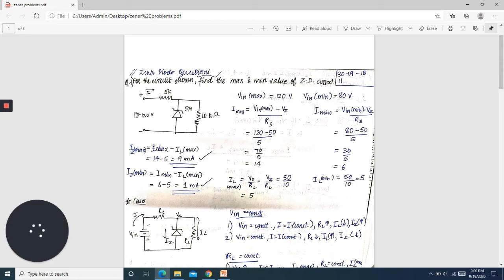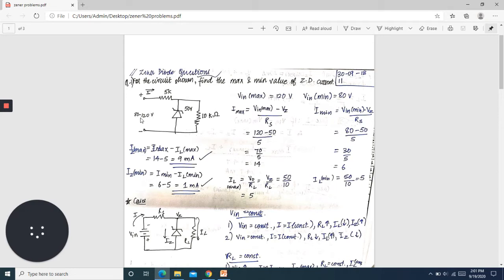As you can see in the circuit itself, just by looking at the circuit, what all can you guess? Here the voltage is getting changed from 80 to 120. It means that the input voltage is unregulated, and for some time we have to consider this minimum value of the voltage, which will be called Vin minimum.